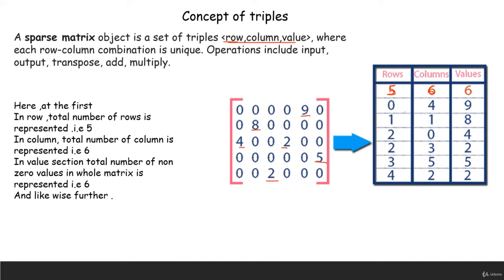Now at 0th row, 4th column, what is the value? So this is the 0th row.